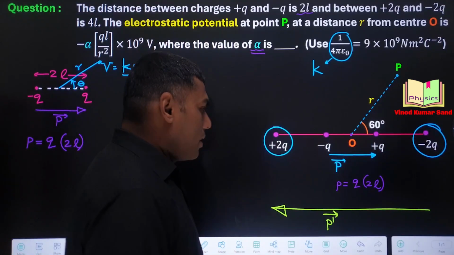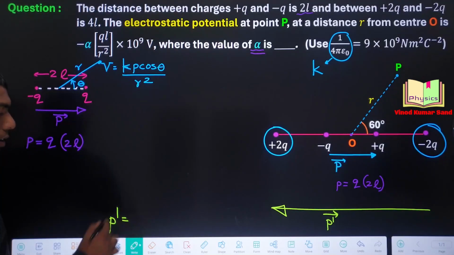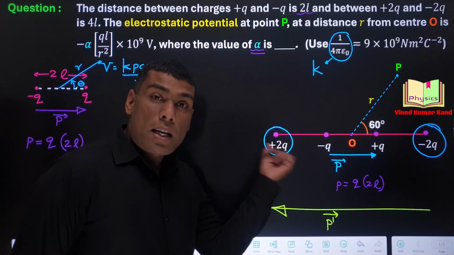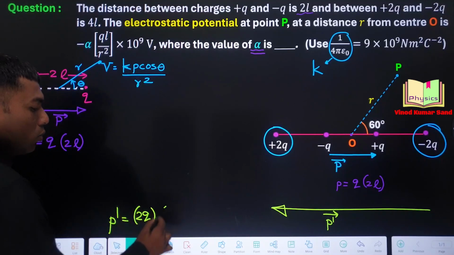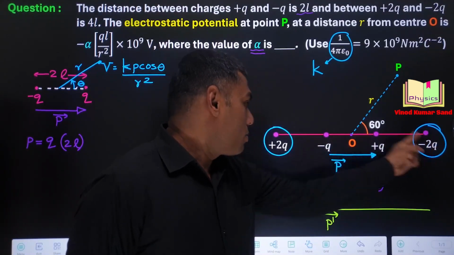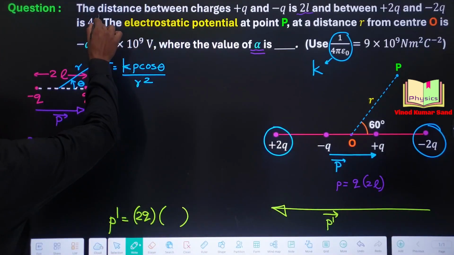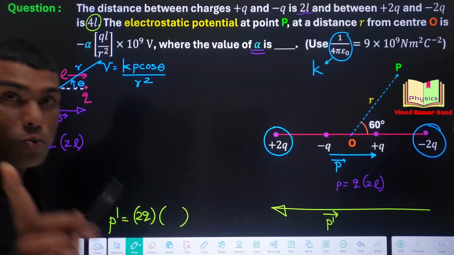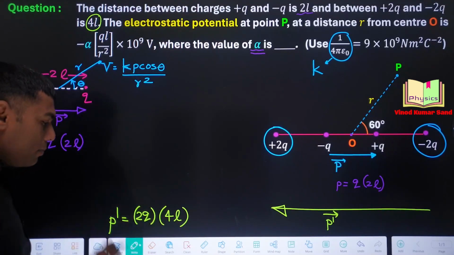Let us write the magnitude of that P dash vector. It will have the magnitude of the positive charge, which is 2q, into the straight line distance between these 2 point charges, plus 2q and minus 2q. The straight line distance between them is given as 4L. So write here 4L. Agree?